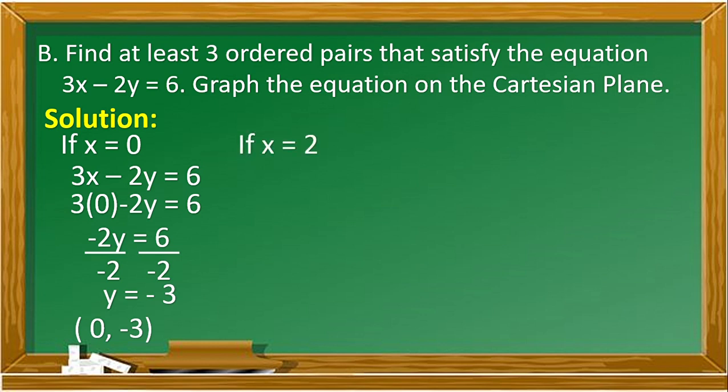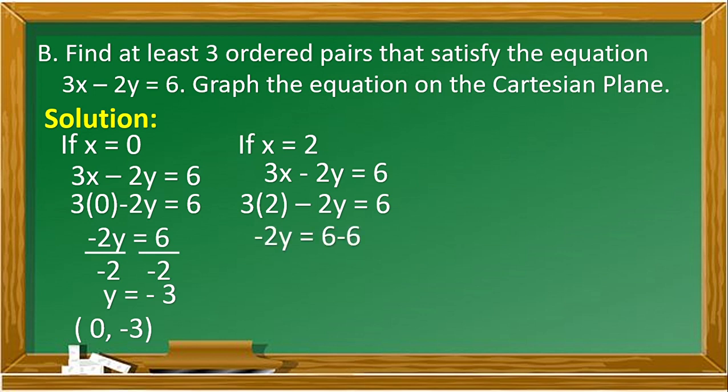Next, if x = 2, then 3x - 2y = 6. Let's substitute the value of x by 2. So we have 3 times 2 - 2y = 6. So 3 times 2 is 6, minus 2y is equal to 6.